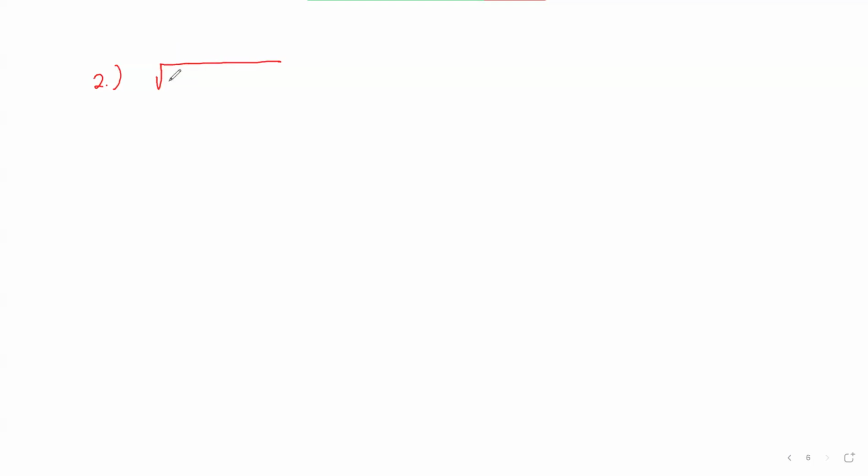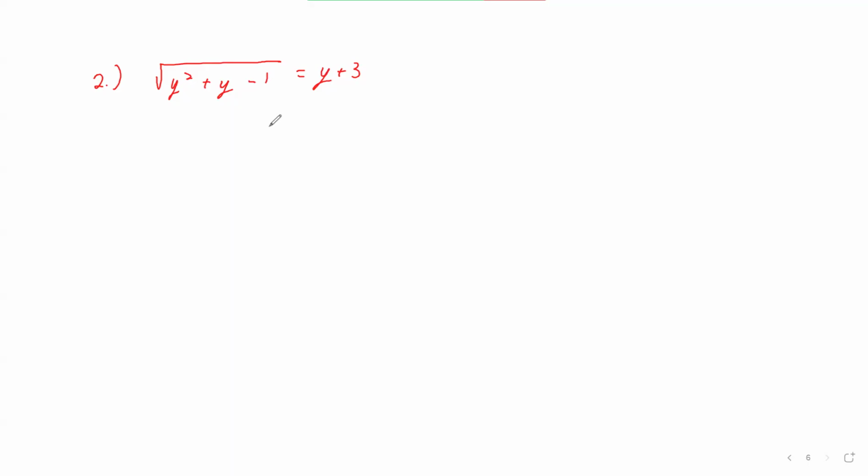So let's take the square root of y squared plus y minus 1 equals y plus 3. Again, step 1 is to isolate the radical. The radical is by itself, that's great.